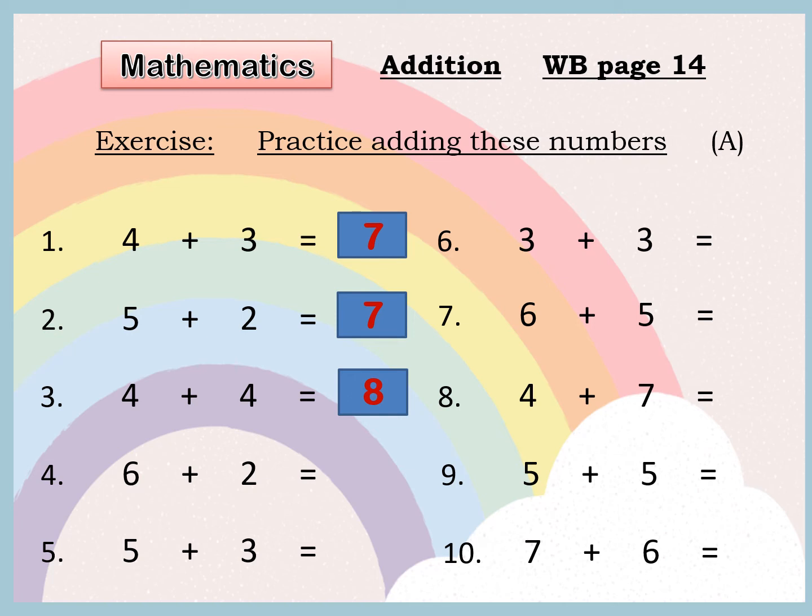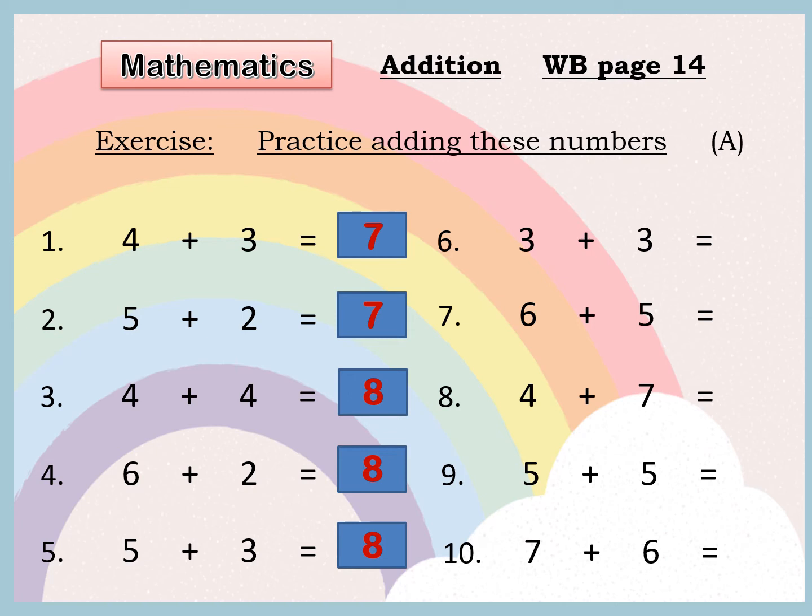So 6 in your mind, 2 on your fingers. So 6 plus 2 is equals 6, 7, 8. So 6 plus 2 is equals 8. Good job. Did you get the right answer? Very good. Next, we have 5 plus 3 is equals 8 too.